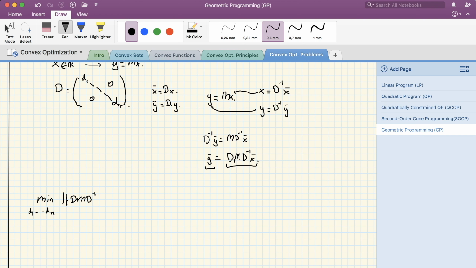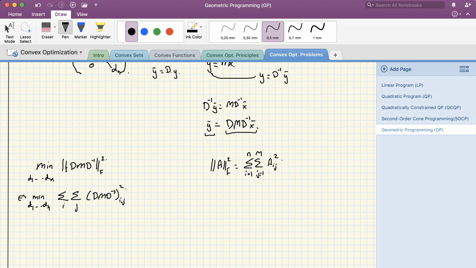So the problem is how to choose D such that this matrix is as small as possible in the Frobenius sense. Using the Frobenius definition, if I have a matrix A, the Frobenius norm squared, and A doesn't need to be a square matrix, is just the sum of squares of the components in A. So A_ij squared. Applying this here, we get the equivalent problem of the ij-th entry of D M D inverse, all squared, right?